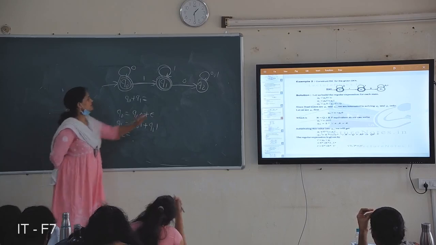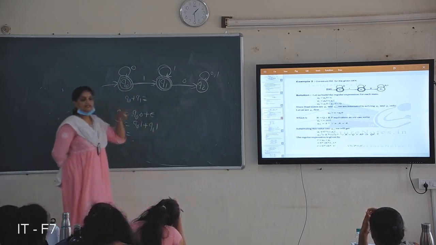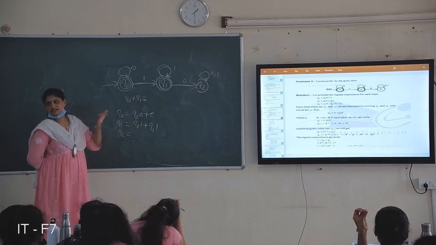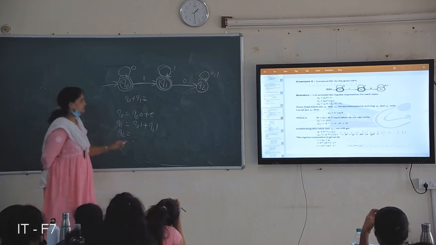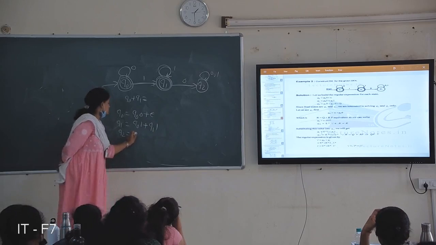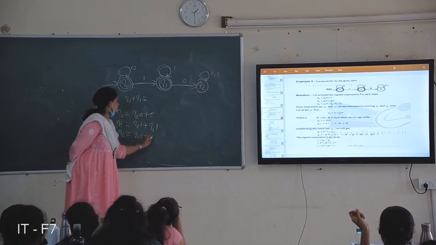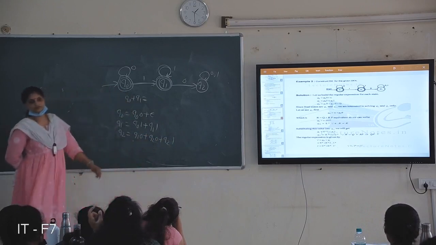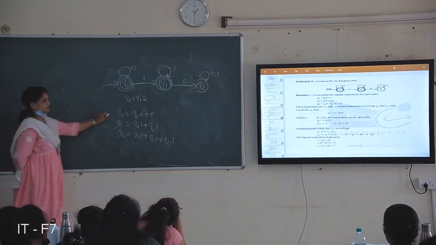And write the formula for Q2. How many transitions into Q2? Three transitions are coming into Q2. So write that Q1 0, Q2 0, Q2. Okay, these are the three equations.